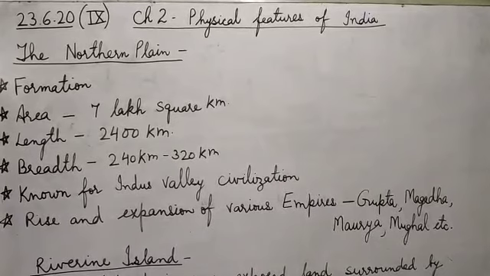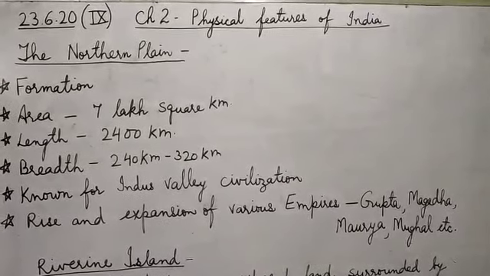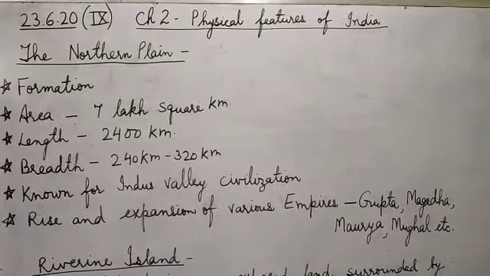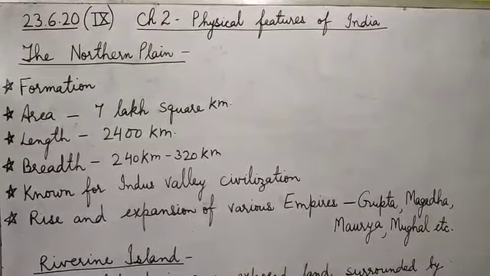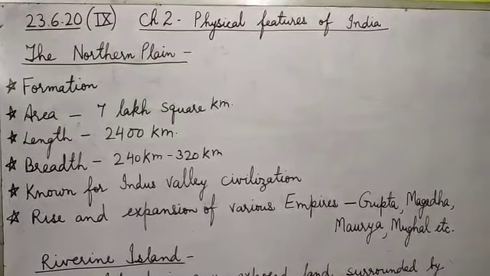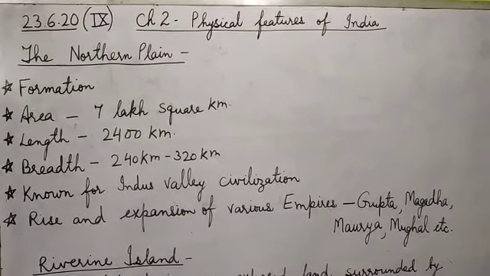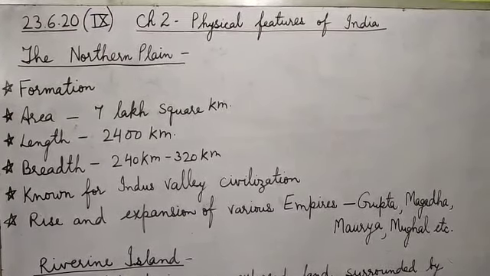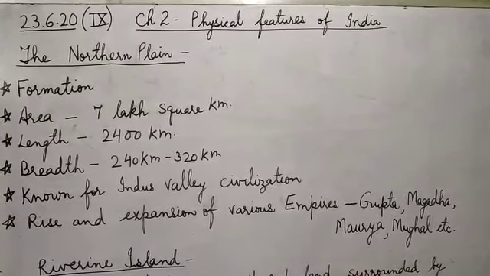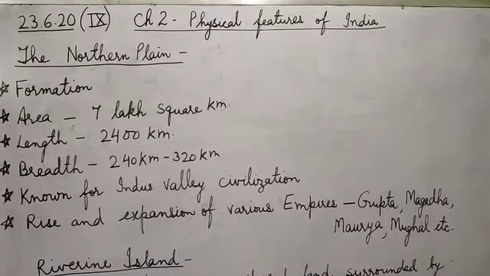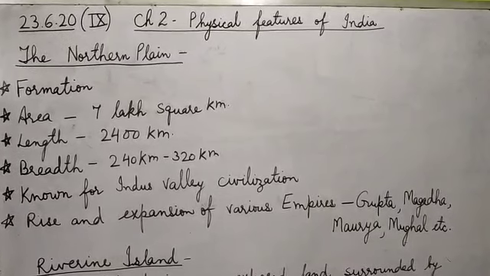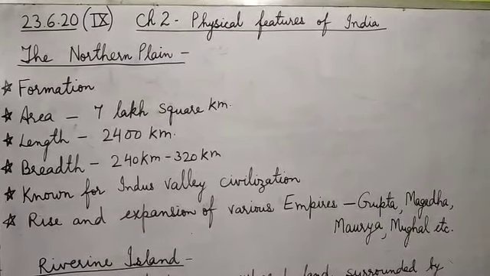We have already studied how this northern plain of India was formed. As we know, because of the formation of the Himalaya, a depression was formed which was later filled by sediments brought down by the rivers of the Himalaya and also by the rivers of the peninsular plateau like Chambal, Sind, Betwa, and the valley rivers like the Ganga, Brahmaputra, Indus and its tributaries.